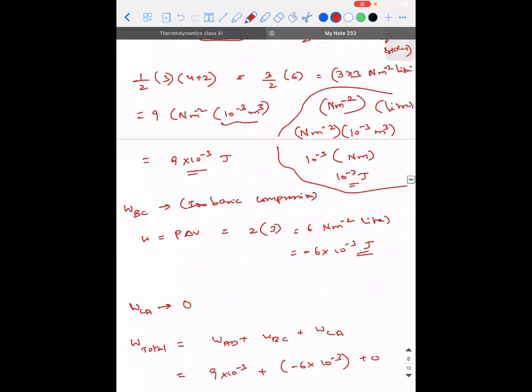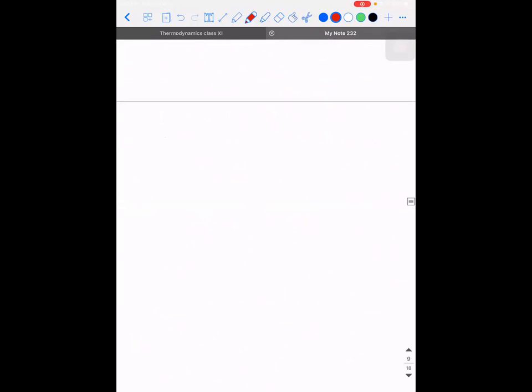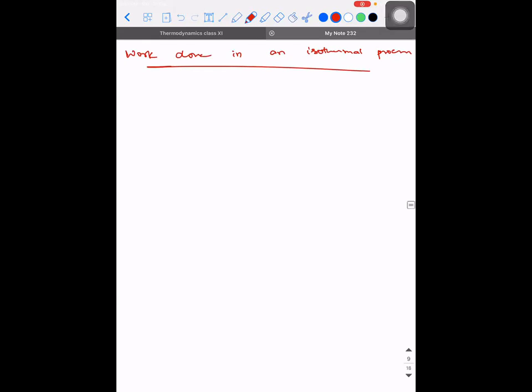Now I'm going to show you the derivation for work done in an isothermal process. So how do you calculate the work done in an isothermal process? For an ideal gas of n moles, PV is equal to nRT.